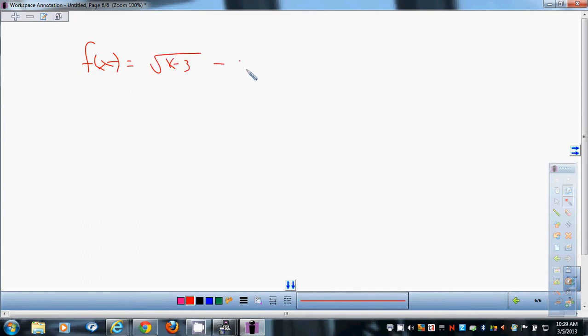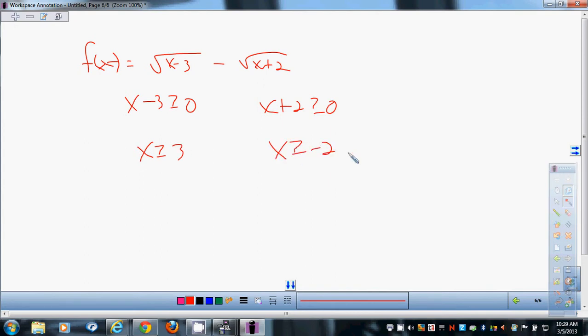So this would be x minus 3 is greater than or equal to 0, and x plus 2 is greater than or equal to 0, because they just can't be negative. So that would be x is greater than or equal to 3, x is greater than or equal to negative 2. Which one encompasses the other? Very good.